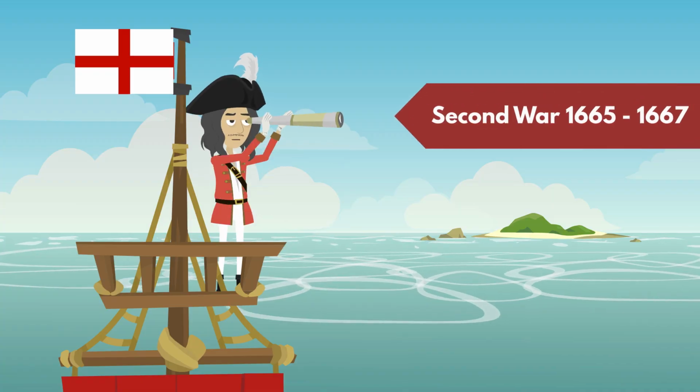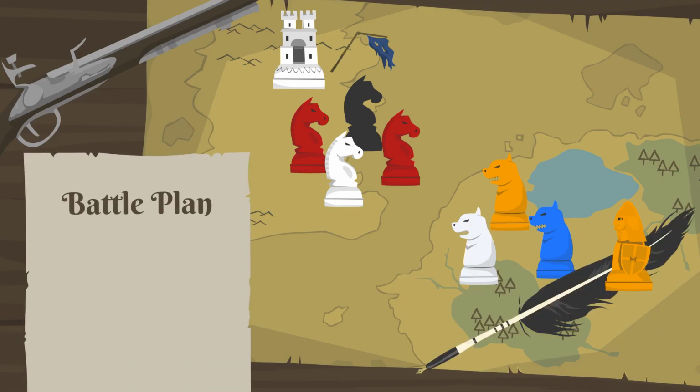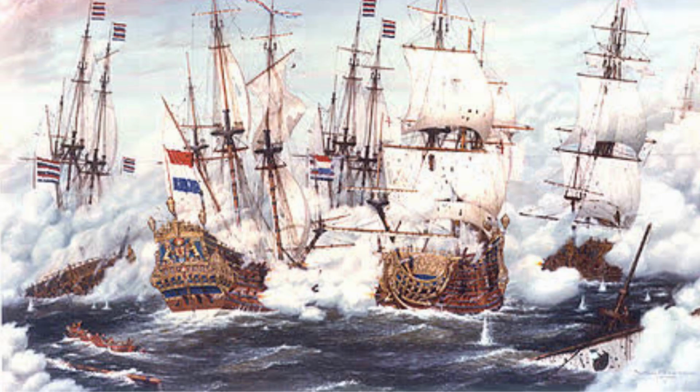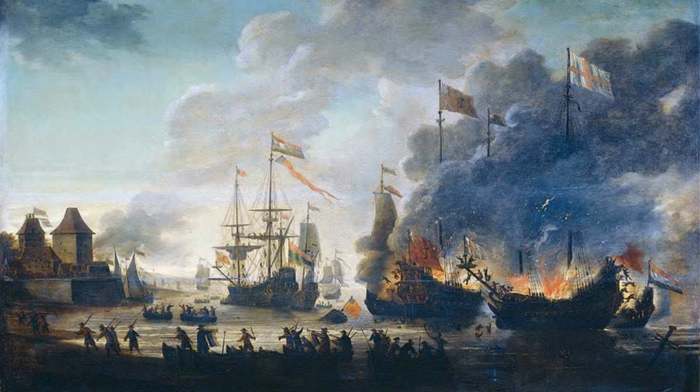The Second Anglo-Dutch War, 1665–1667, was a conflict fought between the English and the Dutch over trade and naval expansion. The war was sparked by English attempts to restrict Dutch trade and naval expansion, and the Dutch responded by attacking English shipping and colonies. The war was fought primarily at sea, with both sides engaging in a series of naval battles.